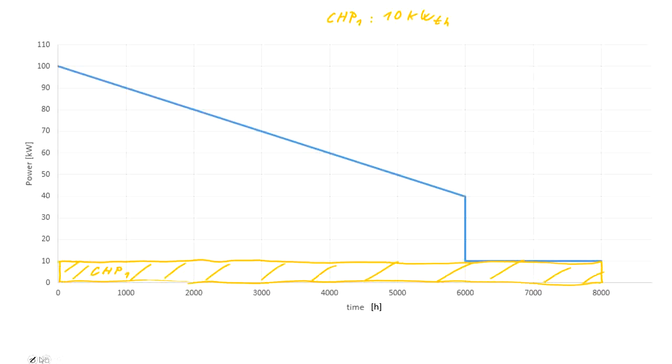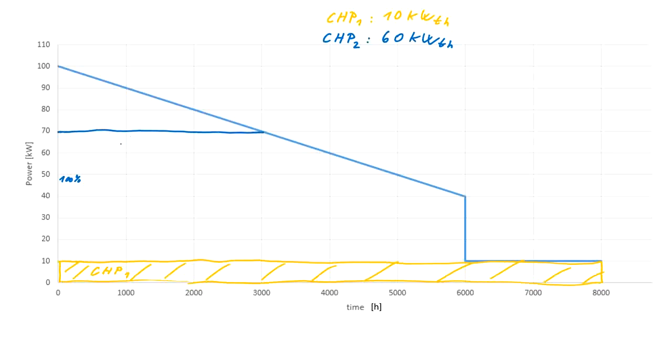Then we could have, for example, microturbine with nominal power output of 50 kilowatts or 60 kilowatts. That's 60. So it would be running at full power over here, 60 kilowatts, so 70 kilowatts of total thermal output.